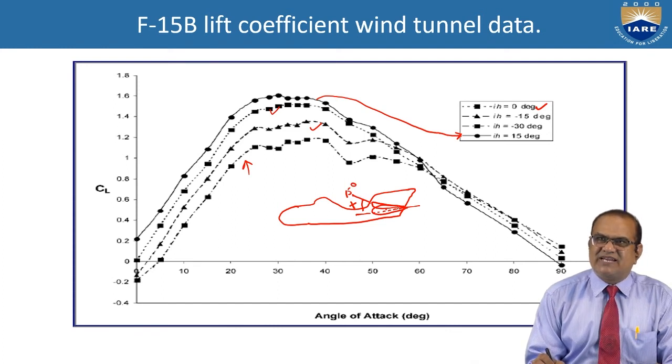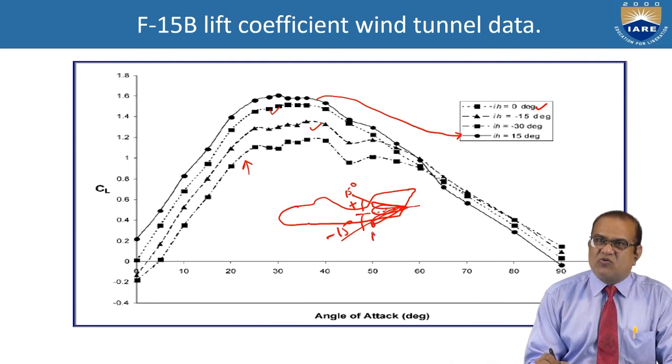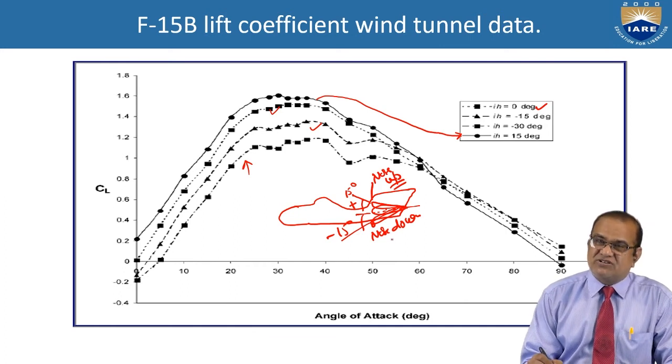But if you make it like this, nose down, it is a minus 15 degrees. Okay, so minus 15 means this nose is down, and here this nose is upward. So if the nose is upward, it is a plus, and if the nose is down, it is a minus.